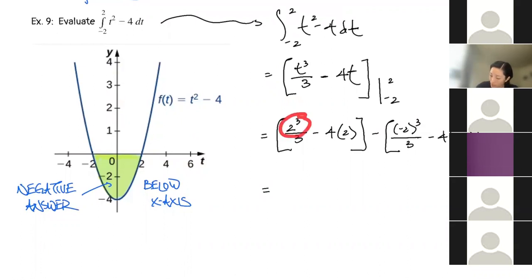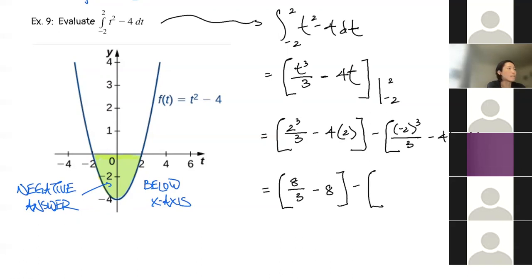What do we get when we take 2 cubed? Eight. All right. So I have 8 over 3 minus 4 times 2 gives me 8 minus, all right. What happens to the -2 cubed?